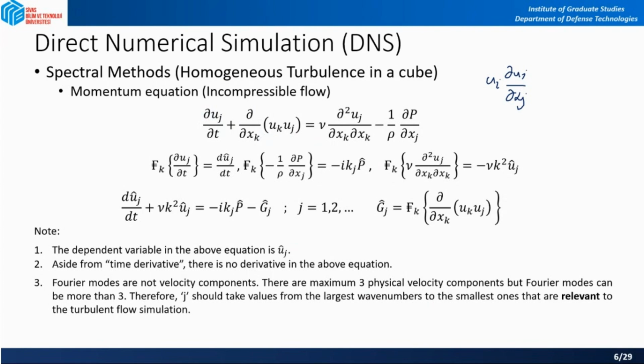I just used k instead of i in here. It doesn't matter, you know it. It is equal to nu times d squared uj dxk dxk minus 1 over rho times dp dxj. This is the momentum equation, physical.